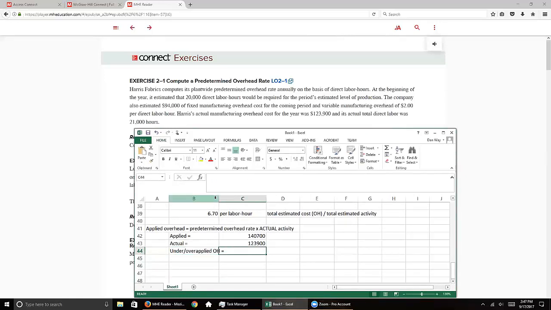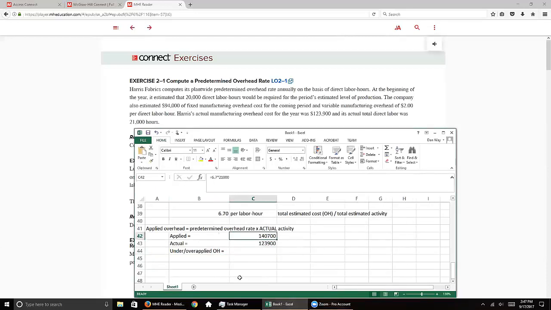Because those two numbers are different. My applied overhead was $140,700. My actual overhead incurred was $123,900. So my overhead in this case is over applied, right? I applied more than I incurred.